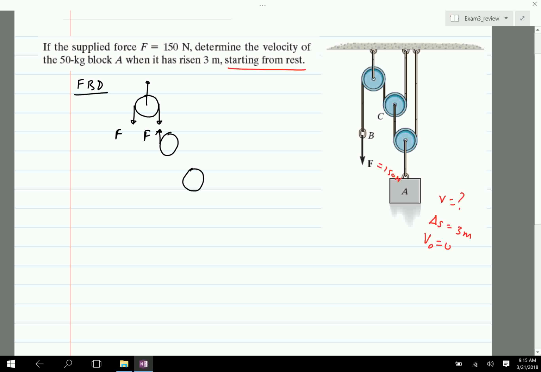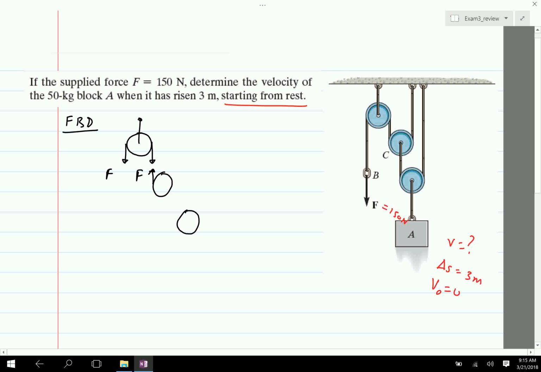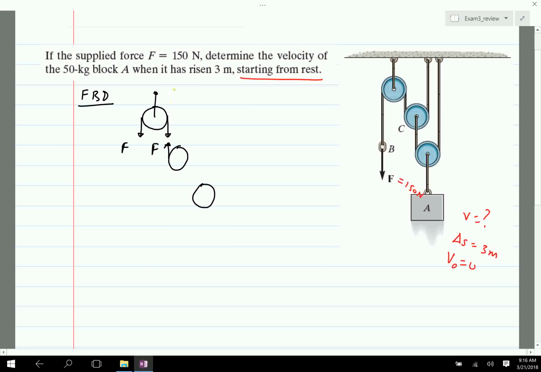So since the string is inextensible, the force on one side should be equal to the force on the other side. That's why I drew the same force on the other side. So this has to be 2F for the pulley to be in equilibrium. This force has to be F. This force on this part has to be 2F.